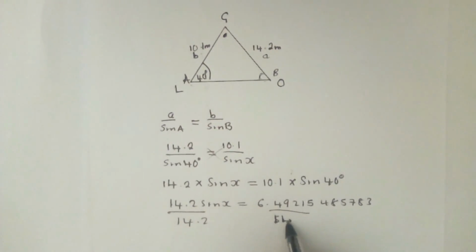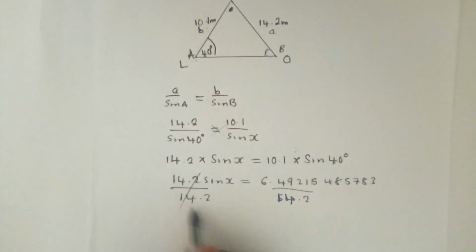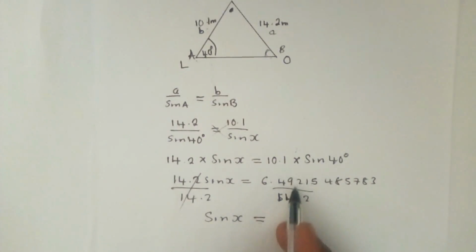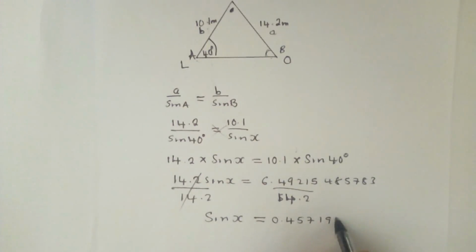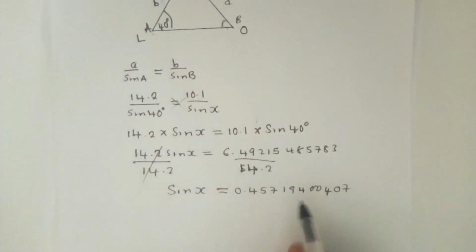We divide by 14.2. So this will cancel, we'll remain with sine x this side, which is equal to, when we divide here, 0.45719400407. So we'll remain with this.